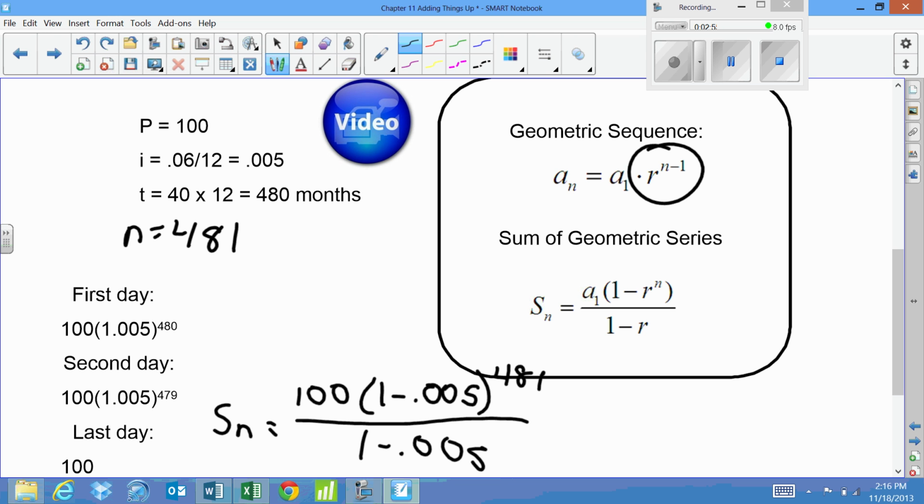Once you solve that out, and you can multiply everything through, you should get approximately $200,244.80, which would be the total you would make after retirement if you invested $100 a month, 6% annually, for 40 years.